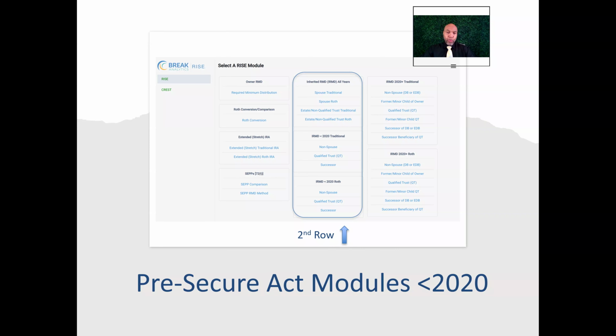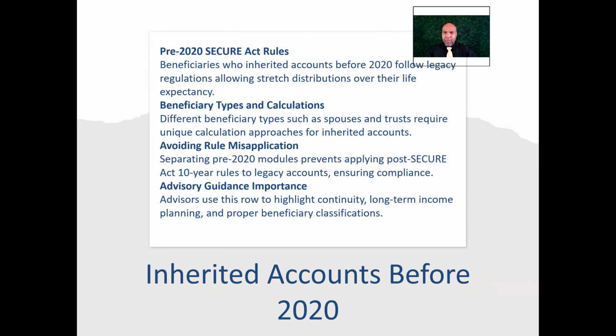We have the second row, which is your Pre-Secure Act modules. Basically, with the Pre-Secure Act modules, that means that these are beneficiaries who have inherited these accounts before 2020. There's a terminology that we use called legacy regulations, where they allow the clients or the beneficiaries to stretch distribution over their life expectancies.